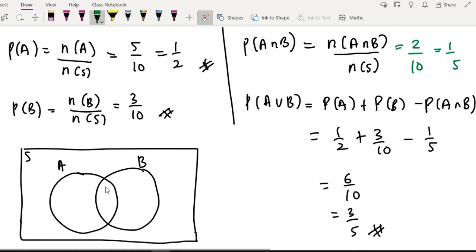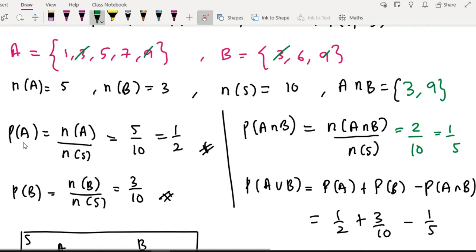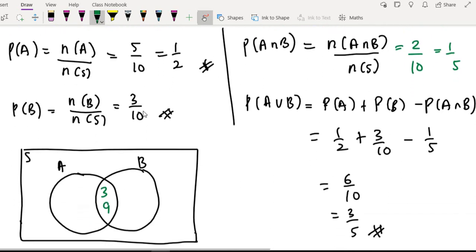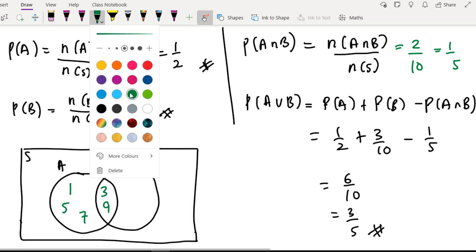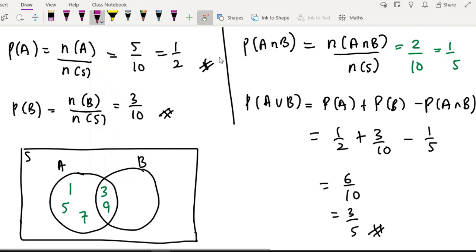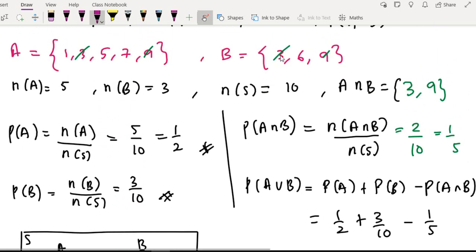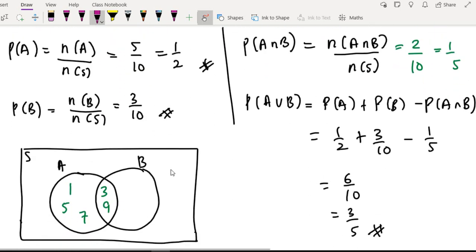First, write down 3, 9 to show that this is A intersect B. Set A is 1, 3, 5, 7, 9. For set B, 3, 6, and 9. Set S consists of the numbers 1 to 10.